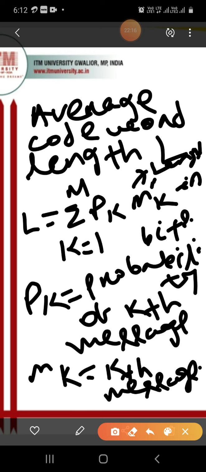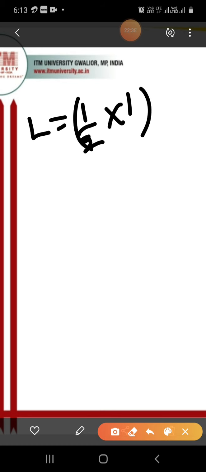In the example we have already discussed, L is 1 by 2 into 1 for message 1. For message 1 the probability is 1 by 2, and the number of bits for message 1 is 1.